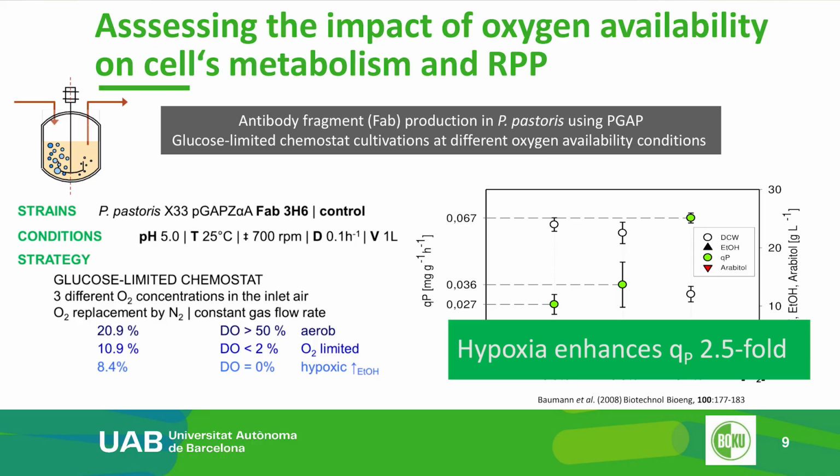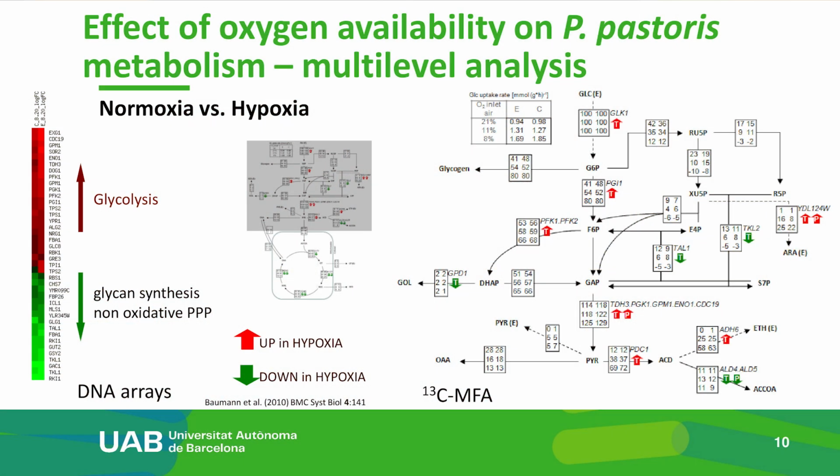We used a GAP promoter to express an antibody fragment, and to our surprise, when we went to hypoxic conditions, the specific productivity more than doubled. We got an improvement in qP of more than 2.5-fold.